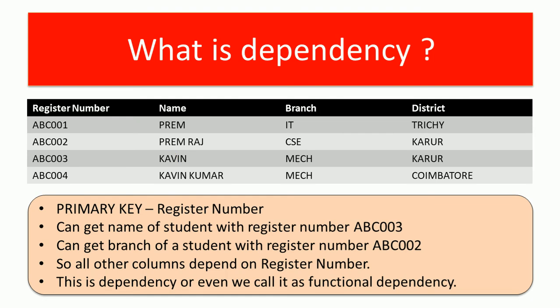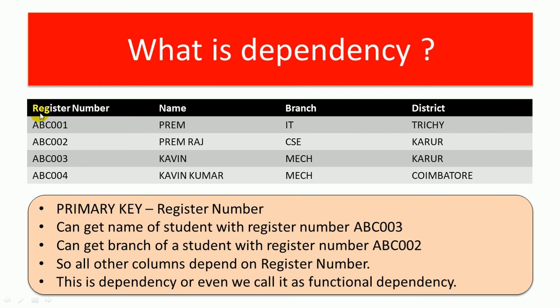Similar is the case with the first two records also. So this column cannot be used to uniquely identify all the records of this table, and similarly I cannot get the name of a student whose branch is mechanical, because there will be many students with the same branch, and similarly district also. The only column left that uniquely identifies all other columns and records is register number.